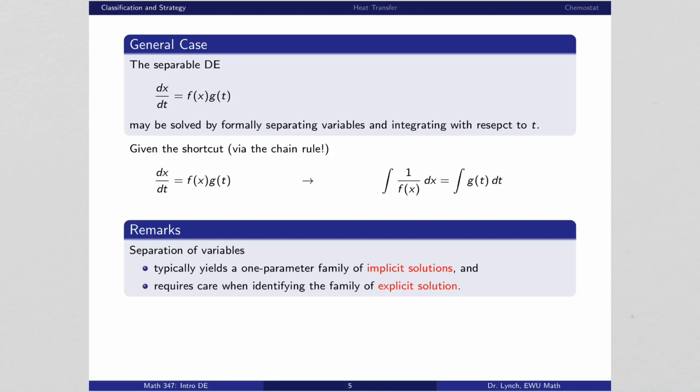But we will have a relationship between an antiderivative involving f(x) and an antiderivative involving g(t) that ends up being an implicit solution of the differential equation. Again, our goal is to find an explicit formula for the unknown function, in this case x. So typically it requires a little bit of care to find that explicit solution.